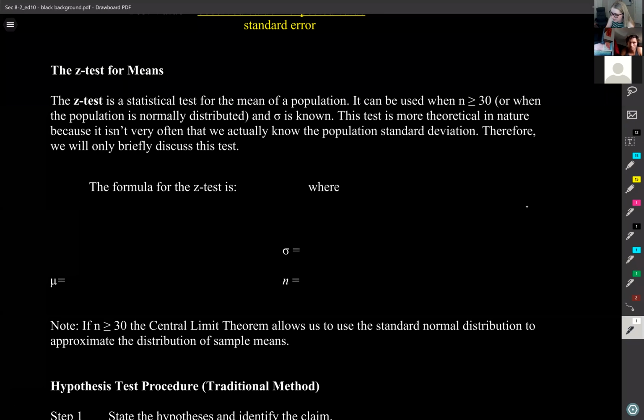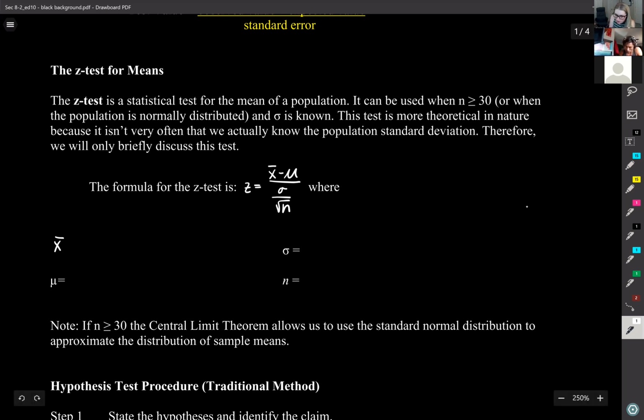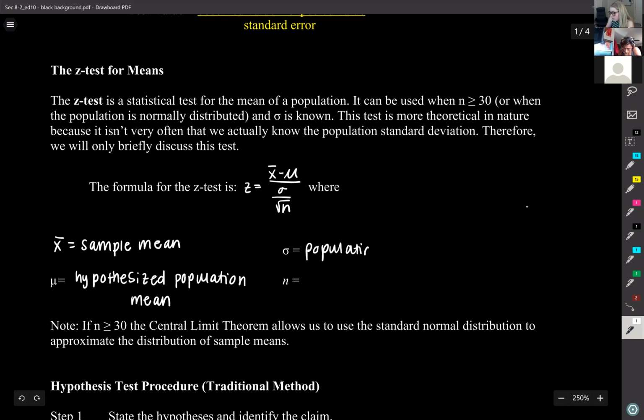So the formula for the z-test is z is equal to, and this is going to look really familiar, x bar minus mu over sigma over the square root of n, where x bar is the sample mean, mu is your hypothesized population mean, sigma is your population standard deviation, and n is your sample size.